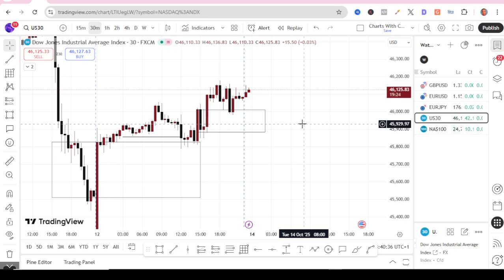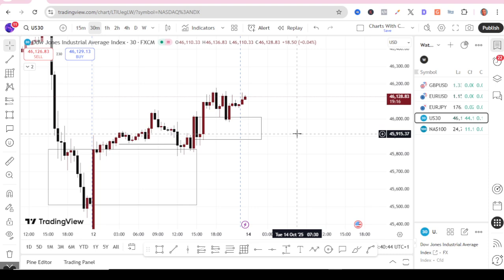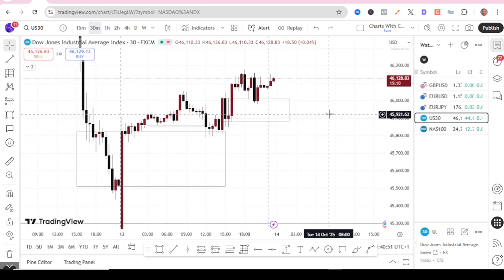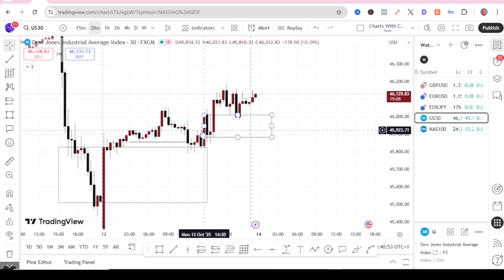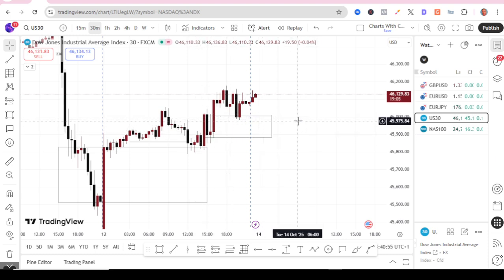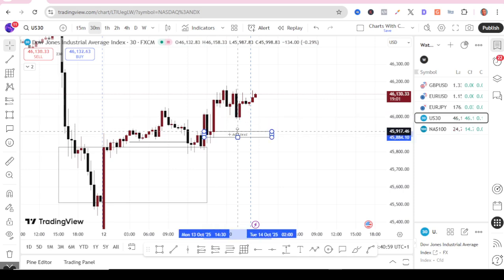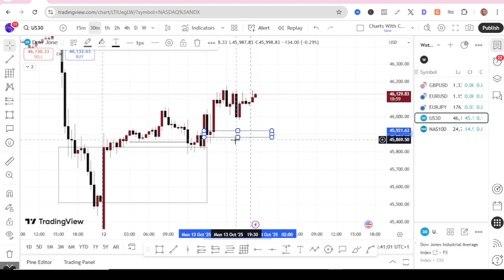So I would wait for the next day for price to give us a buy zone. So I'm certainly going to be bullish. Unless price would come down to this zone.